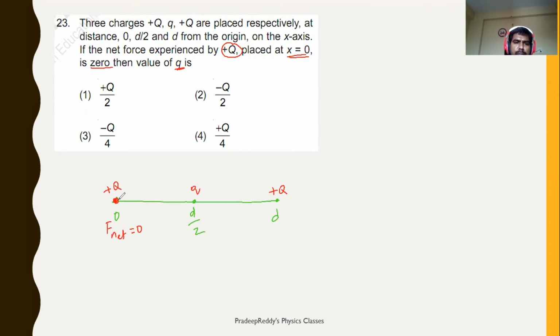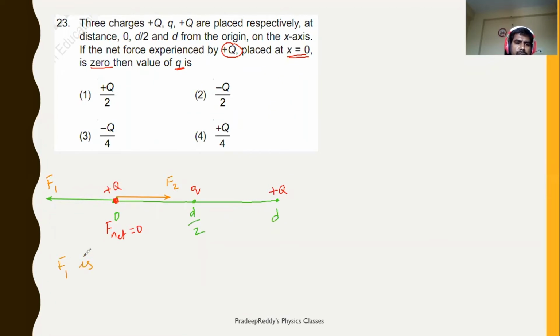Okay. And that is possible only if, see here, now let me plot force vectors. This is plus Q and this is plus Q. As both are positive charges, force will be marked outward, that is F1. And in order to cancel this, the charge which is over there should be negative, and that should be in this direction. Okay, this is F1 and this is F2.